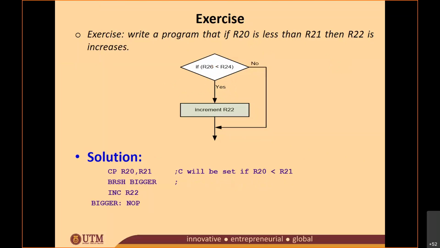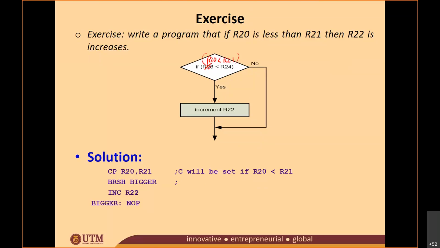Next, you are going to write a program that if R20 is less than R21, then R22 is increased. Please convert this into a flowchart. This is R20 and R21. You're going to see whether R20 is smaller or bigger.